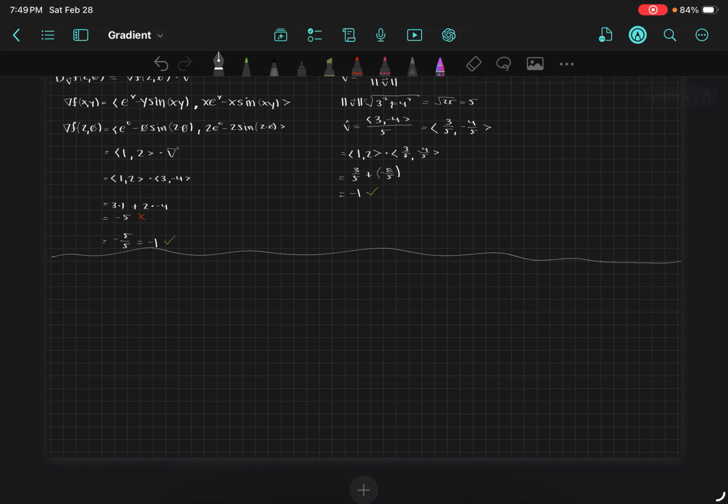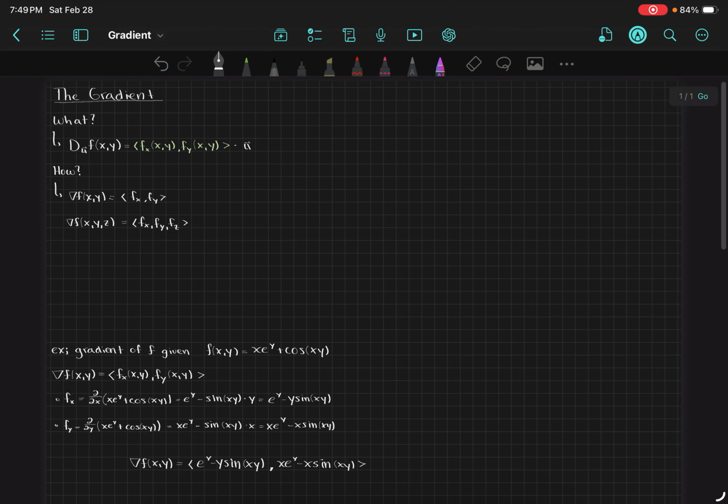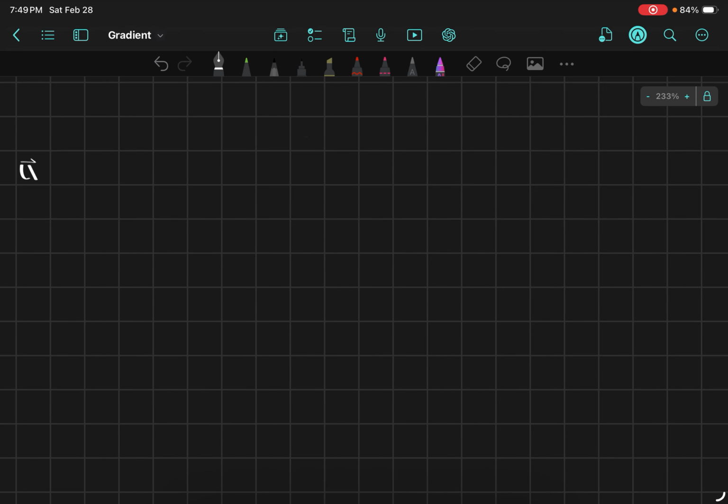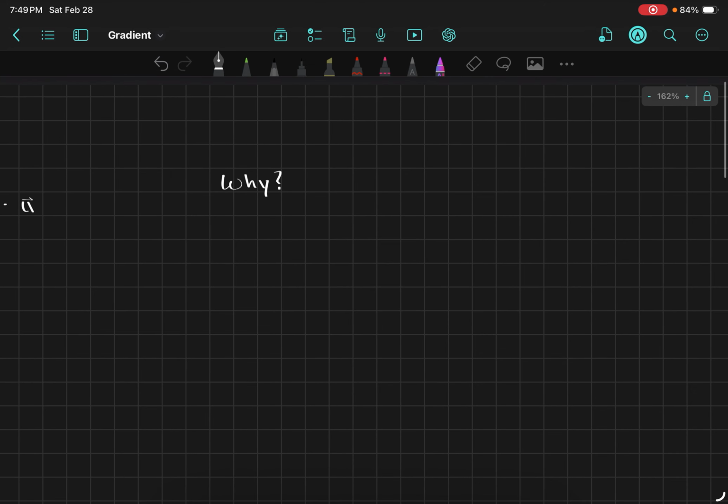Well, there are 3 main applications that we can do with the gradient, and I didn't speak about the y yet. I guess I'll talk about the y up here. Now, with this, we can find our direction of steepest ascent with our gradient.